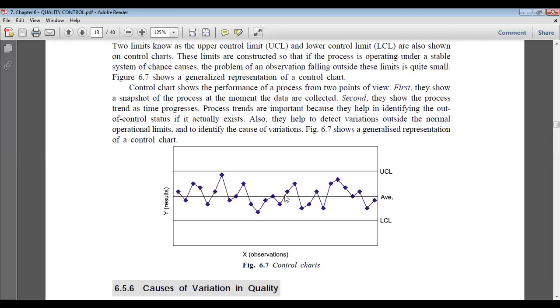Whether the dimension of the dia is 9.5, 9.6, 9.7, 10, or 10.1, 10.2, 10.3, 10.4, 10.5, if the dimension of a particular product lies between 9.5 and 10.5, we will take the dimension as okay and pass the product. So upper control limits and lower control limits are given, and this way we plot the products on this control chart.